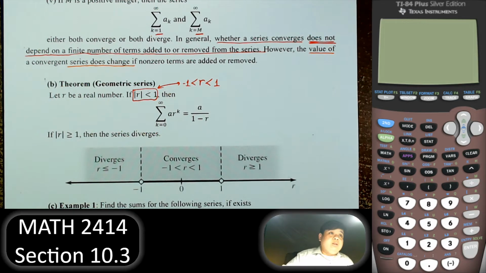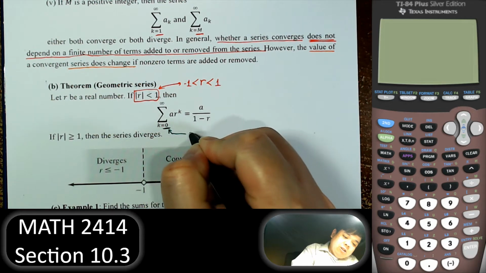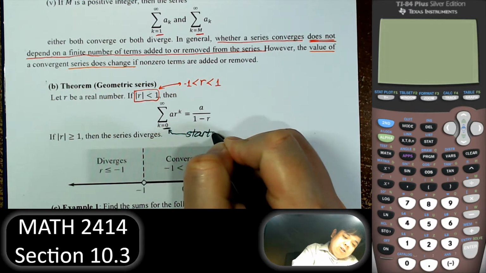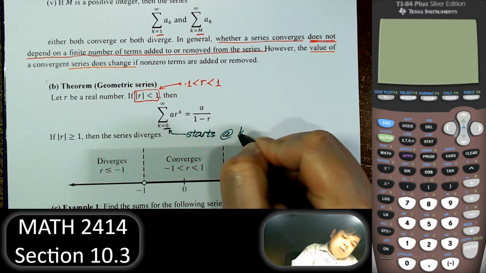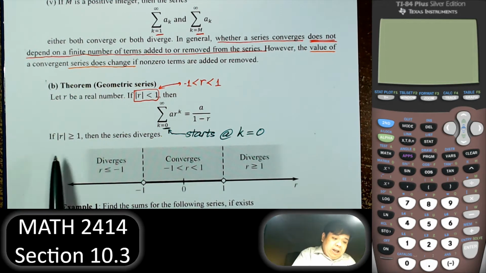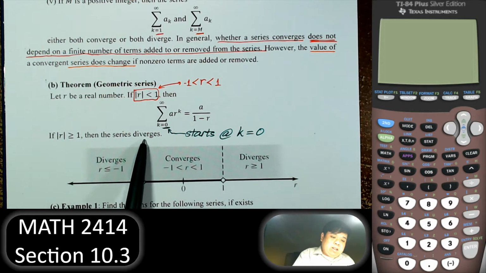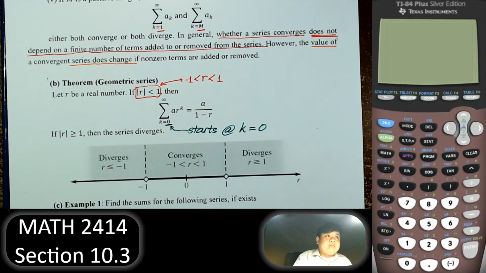Notice that in order for the formula to work, this has to start from 0. And if the absolute value of r is greater than or equal to 1, then the series diverges.